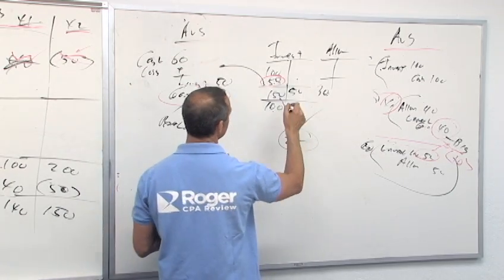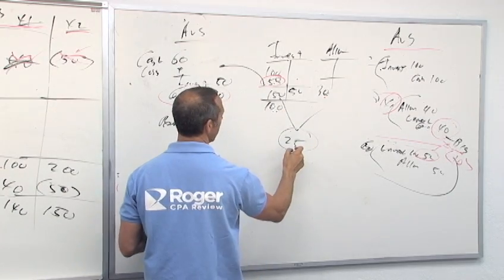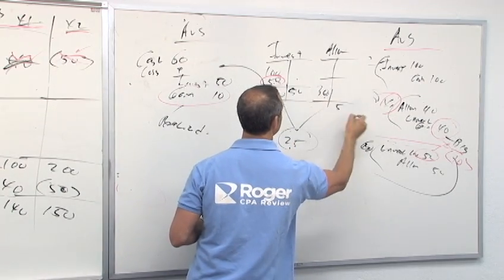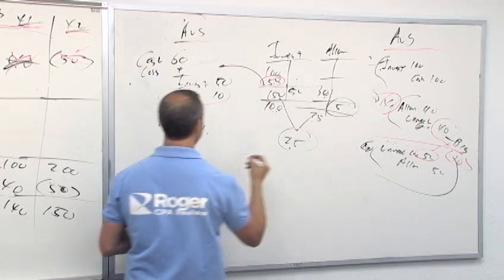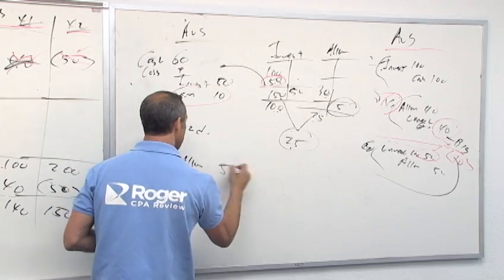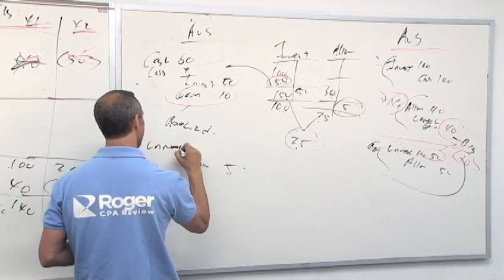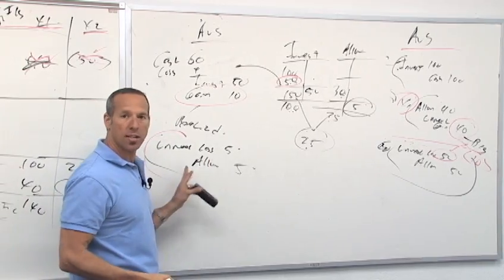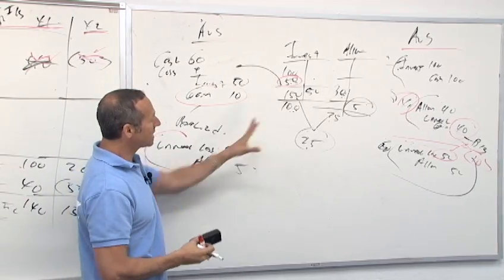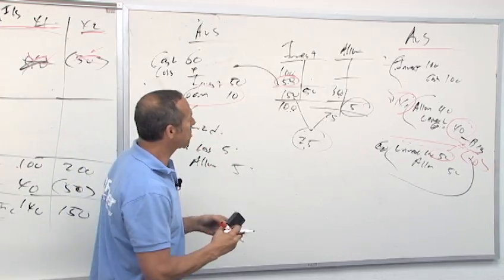How much do I have? 100 plus 30 is 130. I want 125. I better take out 5 to get me to 25. How do I do that? Credit allowance, debit unrealized loss. So when you do this, notice it's self-adjusting. How is it self-adjusting? Because it adjusts because you only have that one security left.